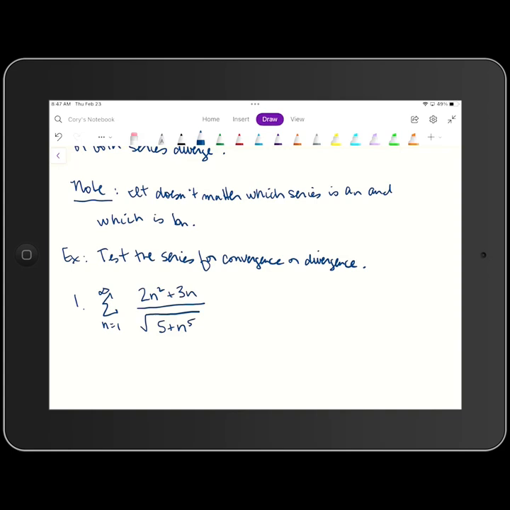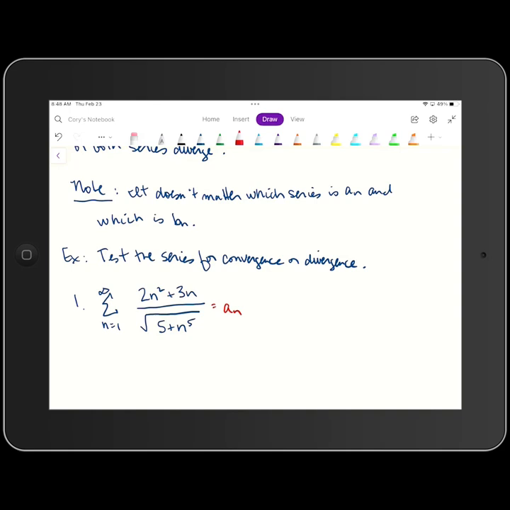So as I mentioned, for this example, I'm going to make our given series be a sub n, and then I want to pick a b sub n that I'm going to compare to a sub n. And the b sub n that we select, again, needs to be a series that we can show converges or diverges, usually by the p-series test or the geometric series test.